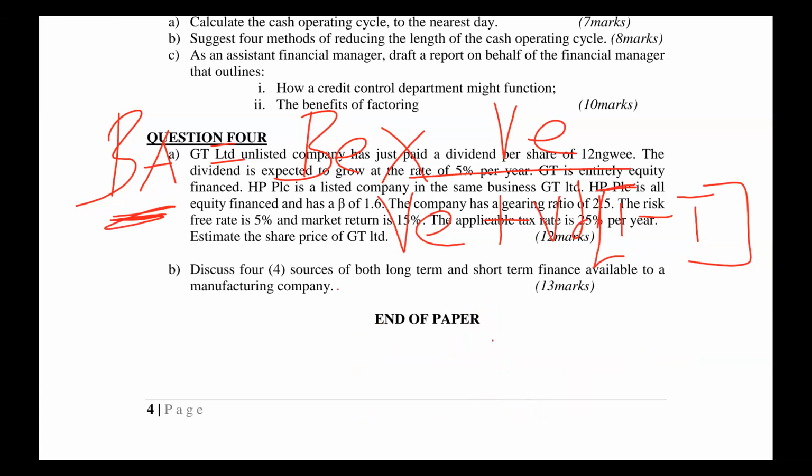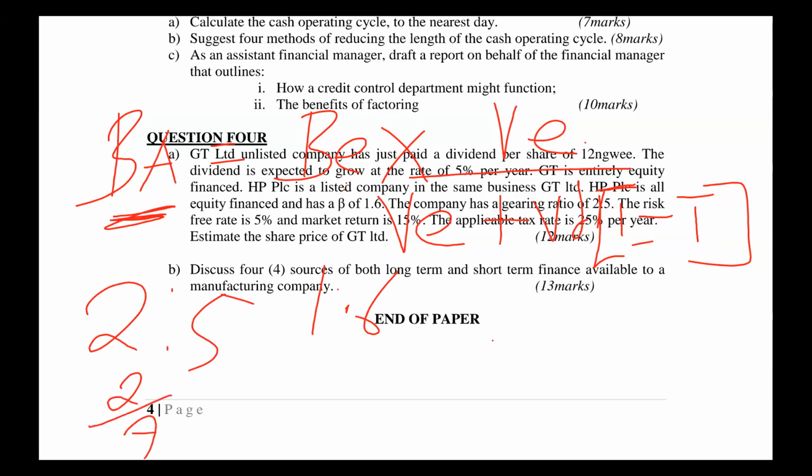So what is the beta? The beta for the listed company is 1.6, multiplied by the value of equity. You are told that the gearing ratio is 2 to 5, which simply means that the ratio of equity is going to be 2 over 7.